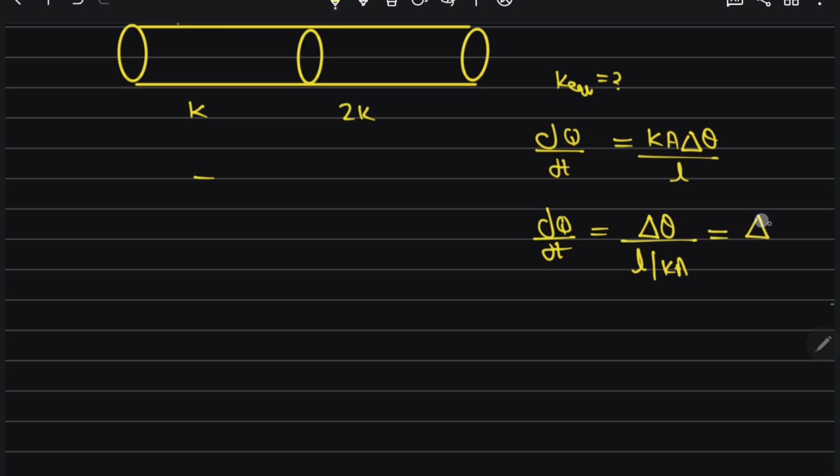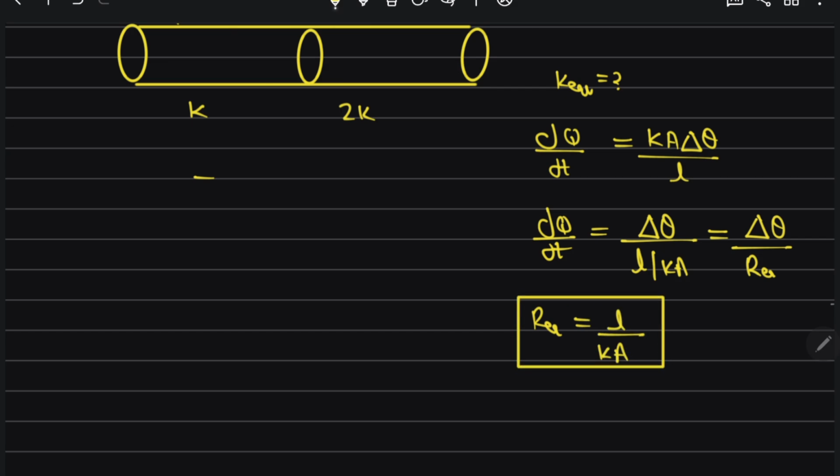So delta theta by R equivalent. The thermal resistance is L upon KA, and they are connected in series.